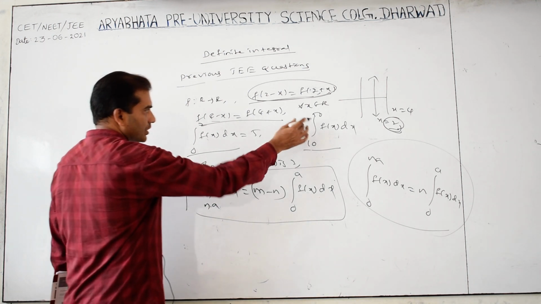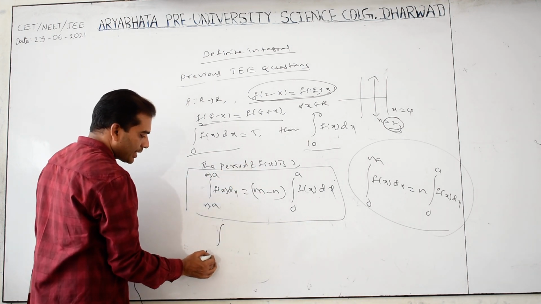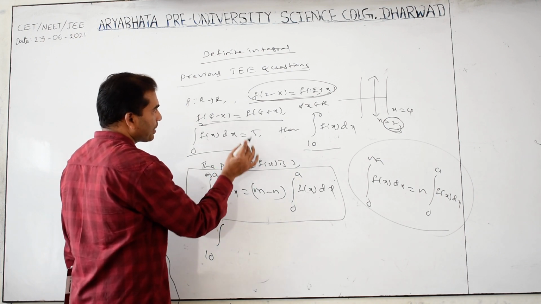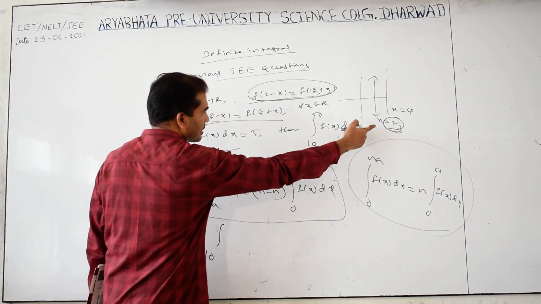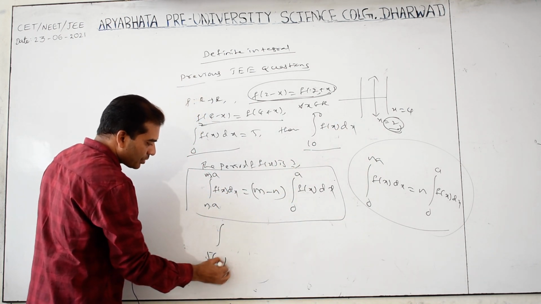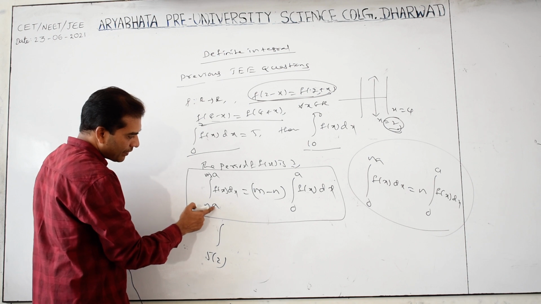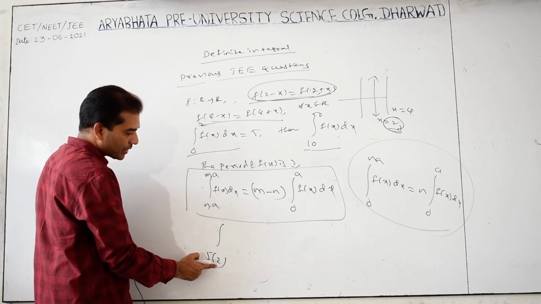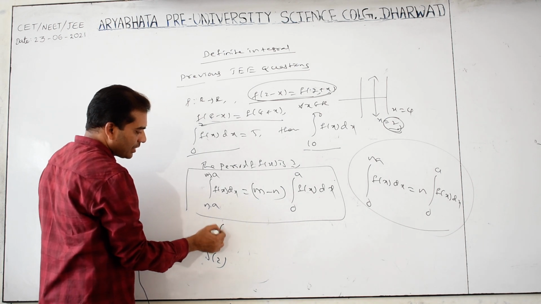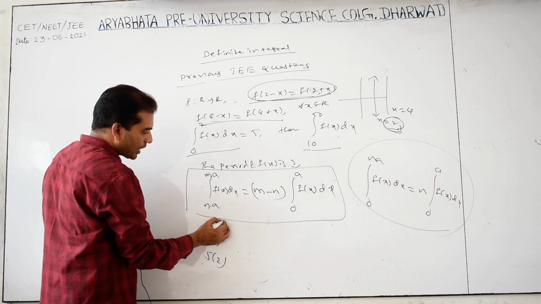Now, this is integration from 10 to 50. The period of this function is 2, so we consider 2. We can write 10 as 5 into 2, n a, where a is the period of the function. Next, 50 we can write as a multiple of 2, that is 25 into 2.